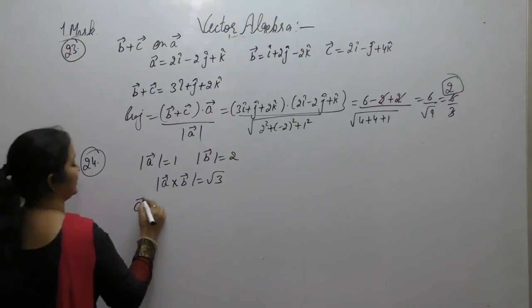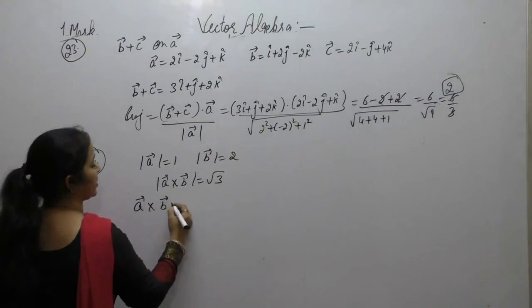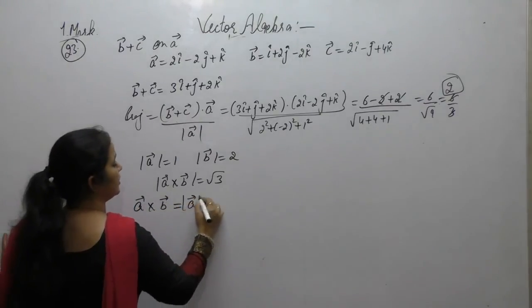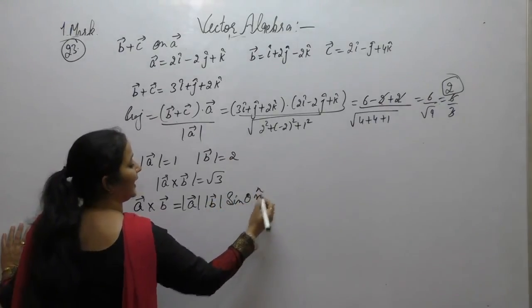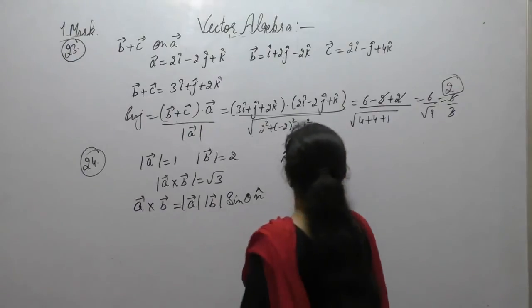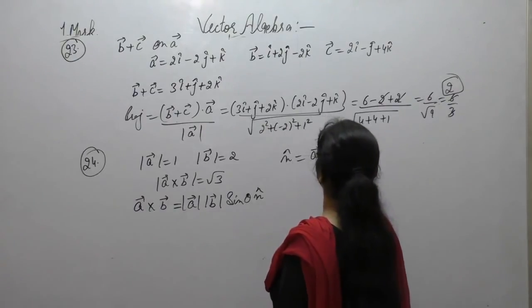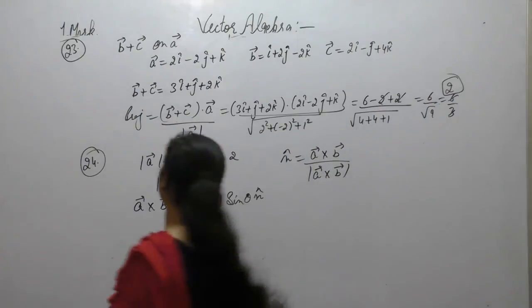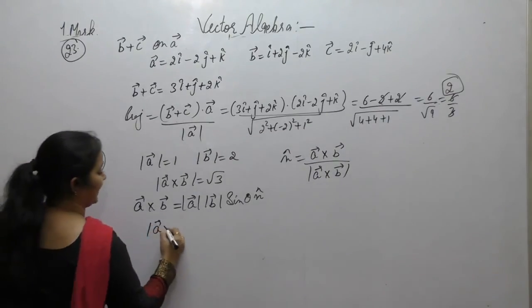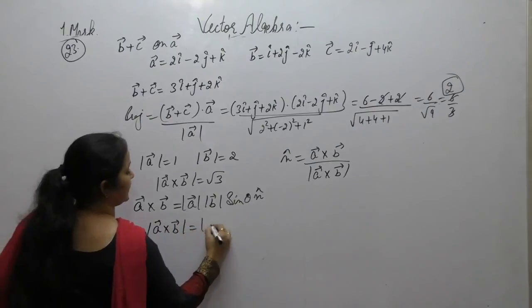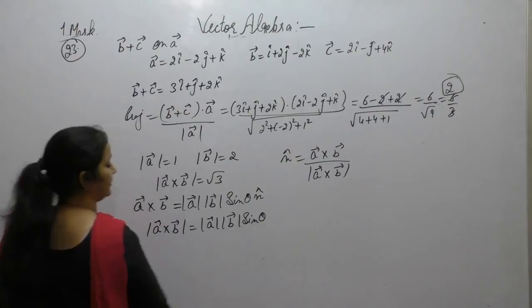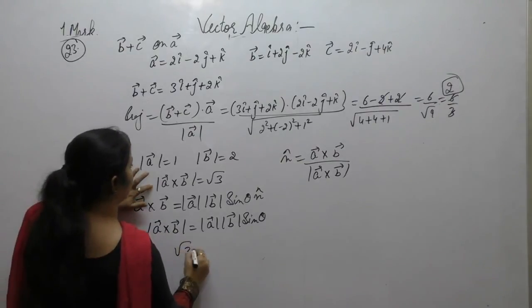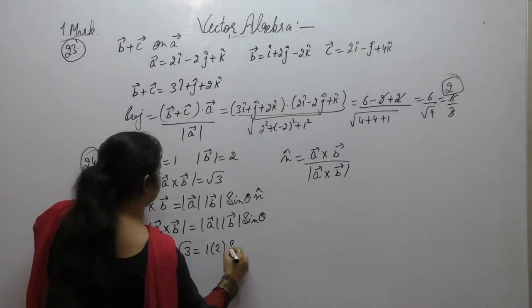We know that A vector cross B vector is equal to modulus of A modulus of B sin theta n cap, where n cap is A cross B upon modulus of A cross B. So modulus of A cross B, that is A B sin theta, has value square root of 3, 1 into 2.